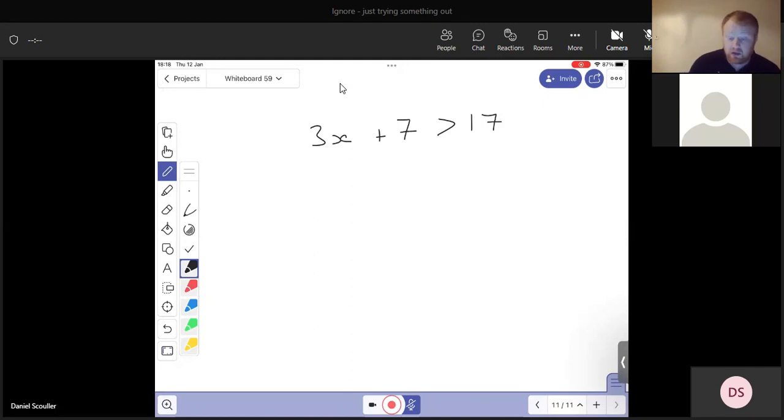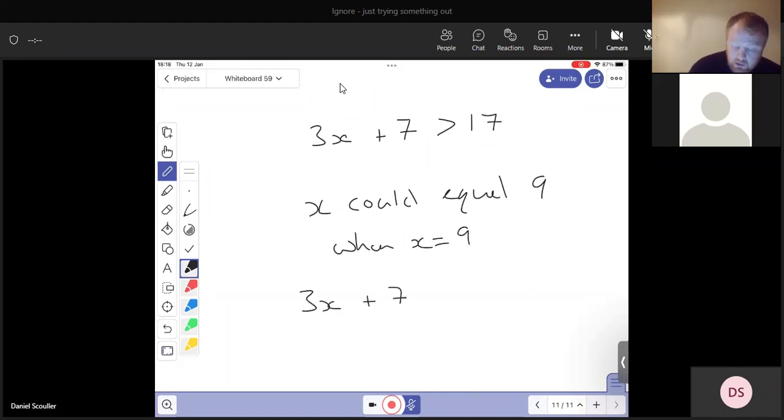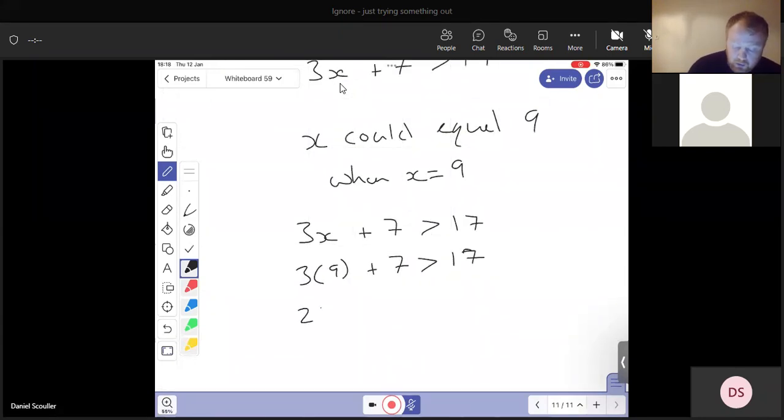So I could say x could equal 9. When x is equal to 9, 3x + 7 becomes 3 times 9 plus 7, which is greater than 17. 27 plus 7 is 34.